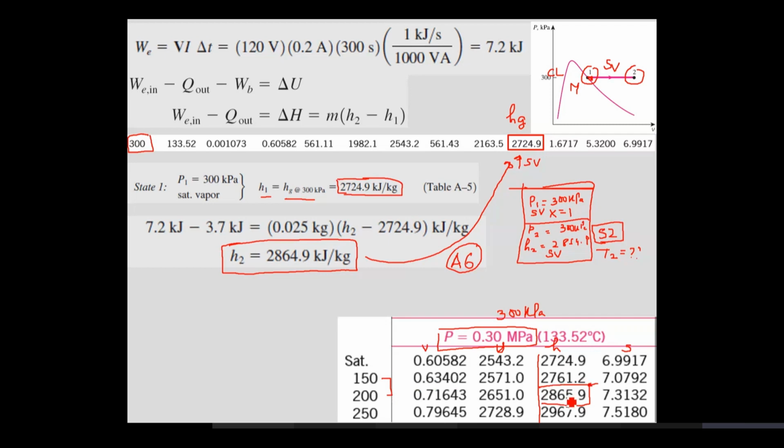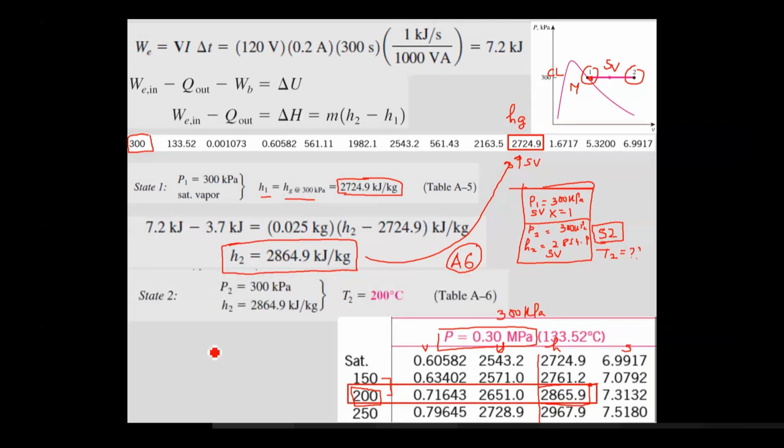But since the value is very close to 2864.9, I'll not do the interpolation to save time. I'll consider 200 to be my temperature. Clear enough? So P2 and H2 are given to me. For these two conditions, superheated vapor, my temperature is 200 degrees centigrade. Is it clear?